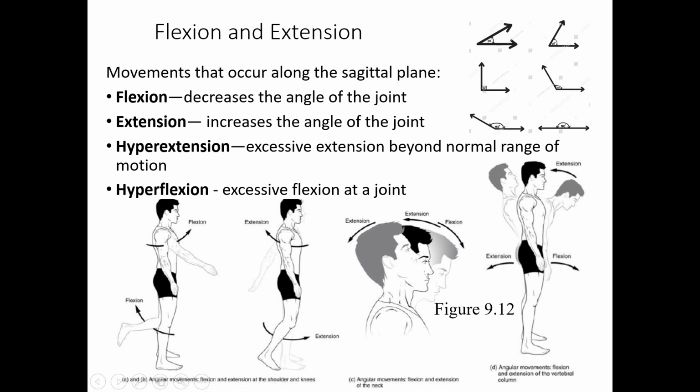Move it back from the body. Finally, hyperflexion, excessive flexion at a joint. Let's say most people can move two bones to the angle of 60, 50, and some people can do it to 30. It means that their joints are very flexible, and sometimes it can be a sign of a disease. Sometimes it's a genetic condition.